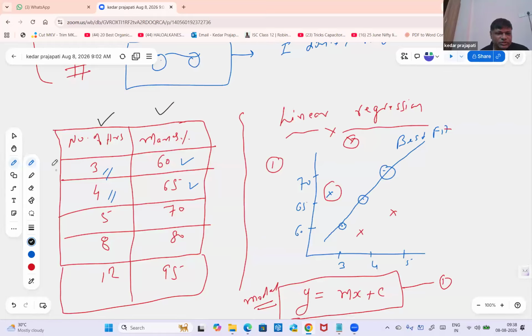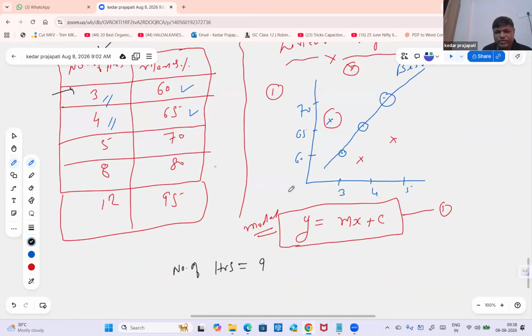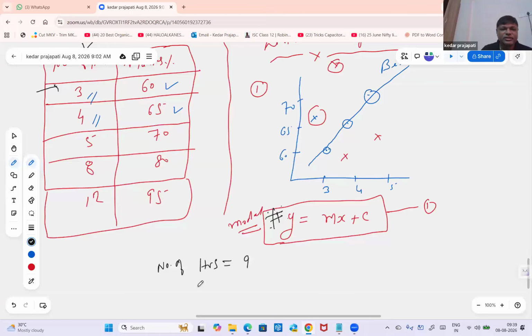So this is the input for the machine: 3 hours is input and 60 is output. As we learn as humans that if a student studies more hours, he will get more marks, in a similar way, the machine also predicts using this model. Only this much is the model. Using this formula, the machine is learning.